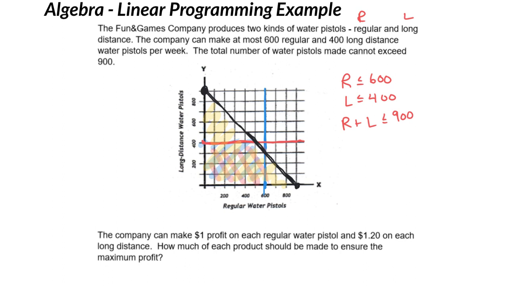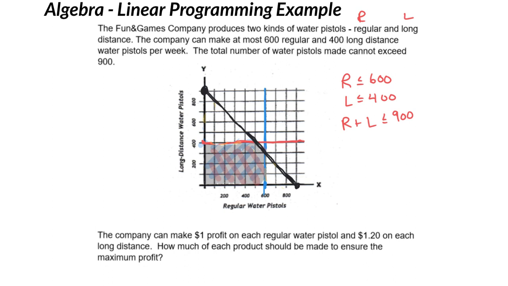Now you'll notice that our feasible region is going to be this shape, this kind of pentagon right down in here. This is the spot that works for all of it. So again, the fact that I had these other constraints allowed me to take care of the fact that the last equation I graphed didn't necessarily work in the context of the problem. Okay, this is my feasible region.